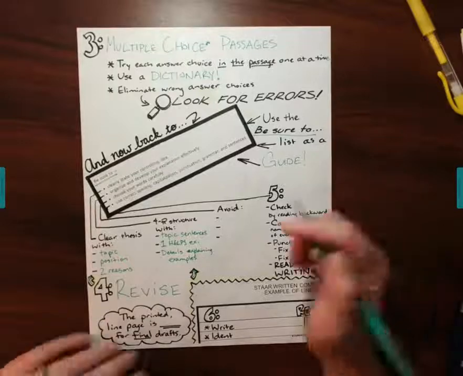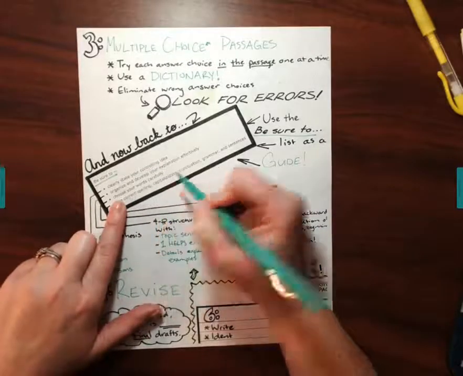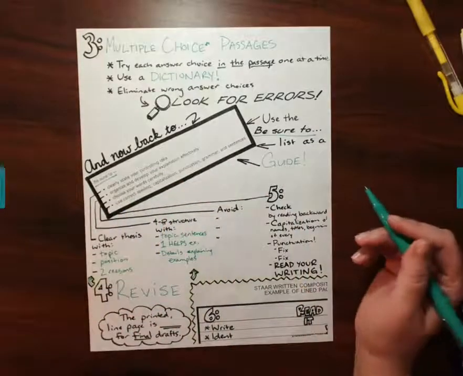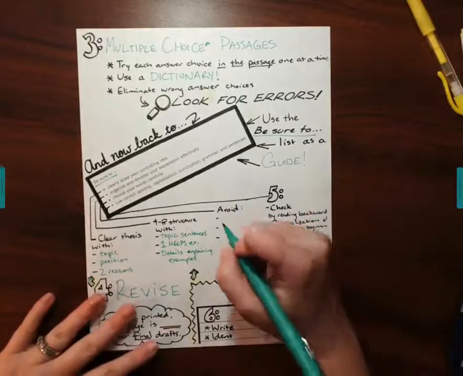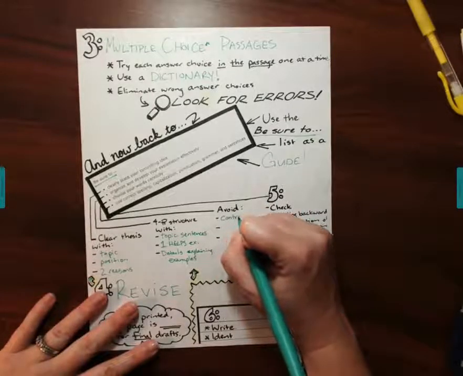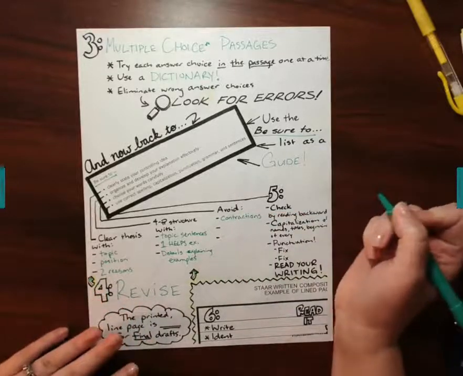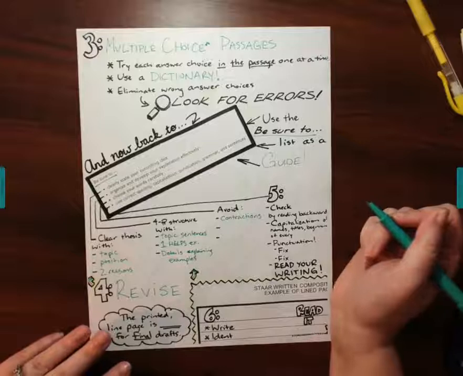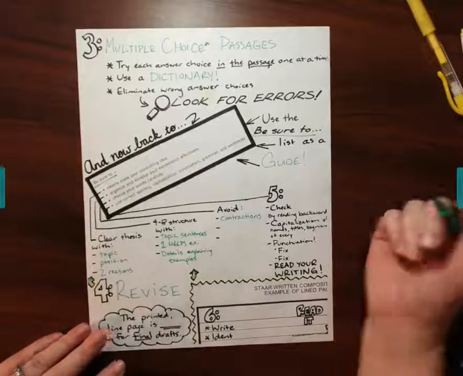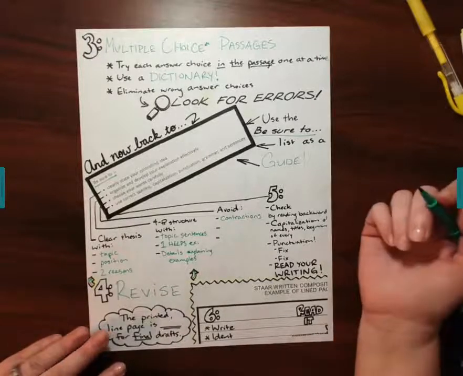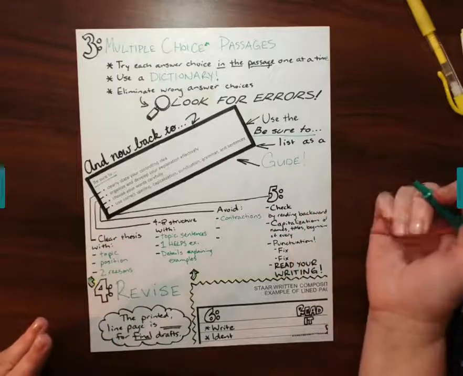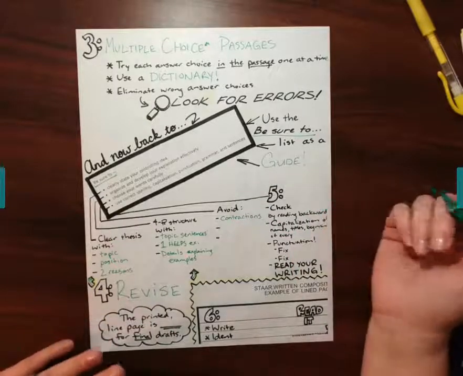And then the last one is talking about choosing your words carefully. The thing I want you to think about when you're revising is avoid contractions. So if you have it's, don't, write them out. It is. Do not, okay?